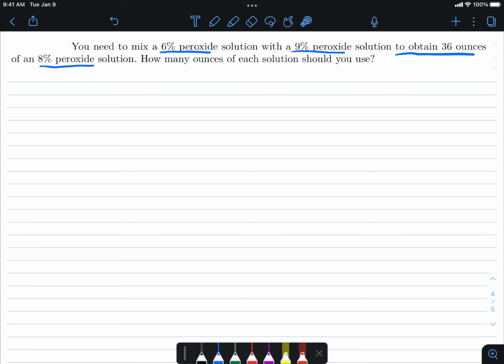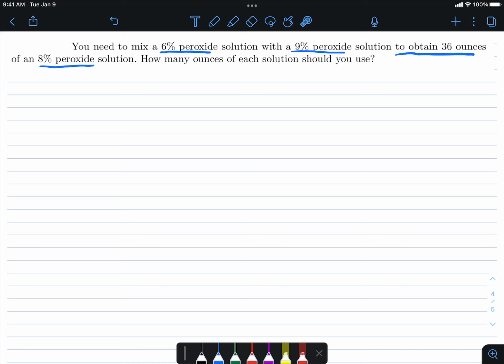Whatever solution you get, the best possible scenario would be something closer to 9 or closer to 6 or something in between, but you can never mix these two and get, say, a 10% solution. That is impossible, nor a 5% solution. That is absolutely impossible, because the resulting solution needs to have a concentration between the two.